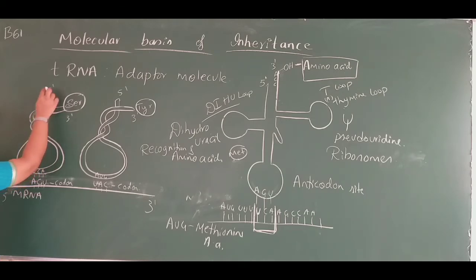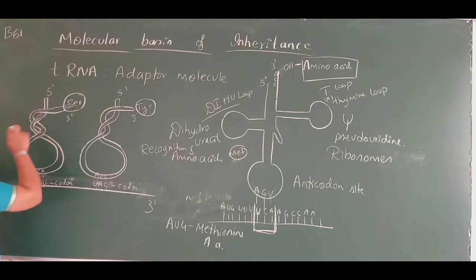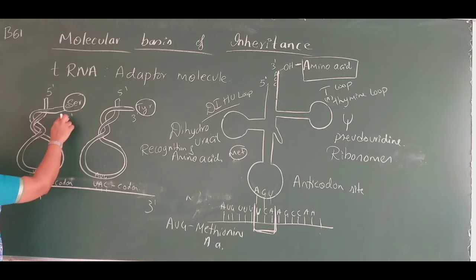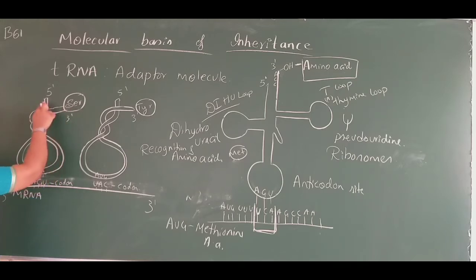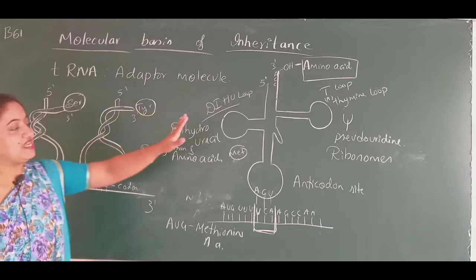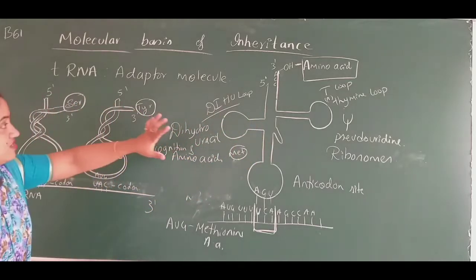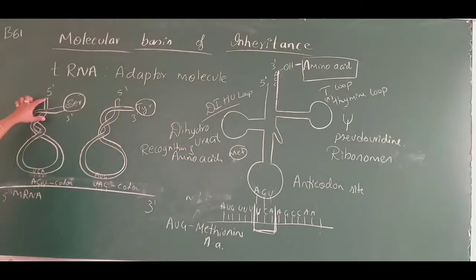This end is known as the 5 prime end, and this end is known as the 3 prime end, and they have not mentioned any loops here. That's why I drew that diagram. So this is only one strand. Remember, the tRNA is single stranded.